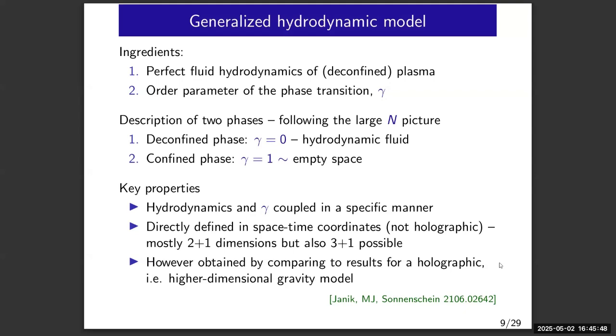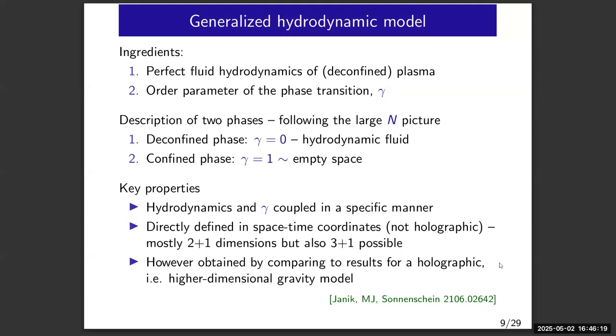Some key properties of this construction is that the hydrodynamics and the order parameter are coupled in a specific manner, which I will specify in a minute. This is directly defined in the space-time coordinates, so there is no holography in this description. I will be mostly discussing a 2+1 dimensional theory, but you can also do a 3+1 dimensional description.